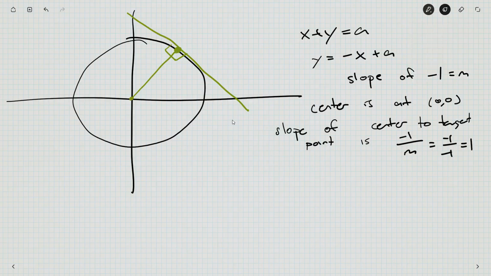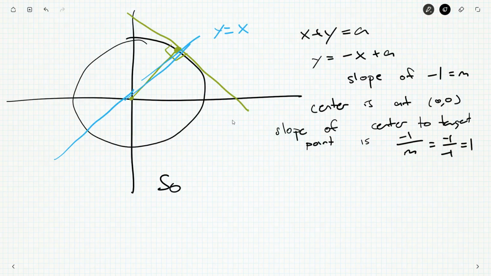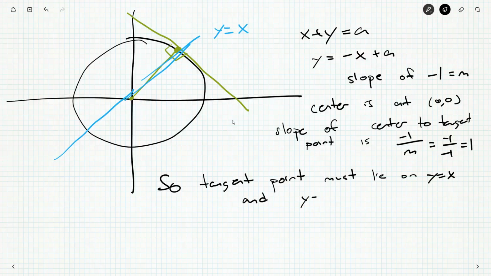So the only way we can have these things being tangent is if the intersection lies on the line of slope 1 going through the origin, or y equals x. So tangent point must lie on y equals x and y equals negative x plus a, and also be on the circle.